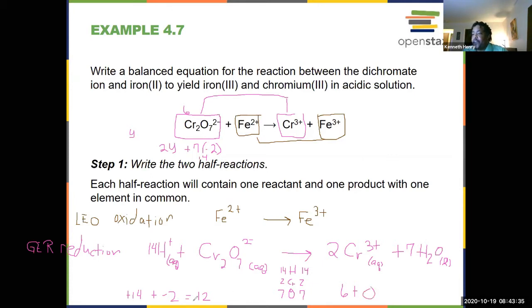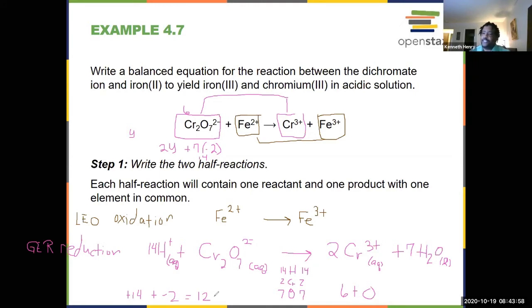So we have a +12 and a +6. Are they equal? No. So 12 doesn't equal 6. So what can I do to balance out the charges on both sides? Add electrons. Okay, perfect.